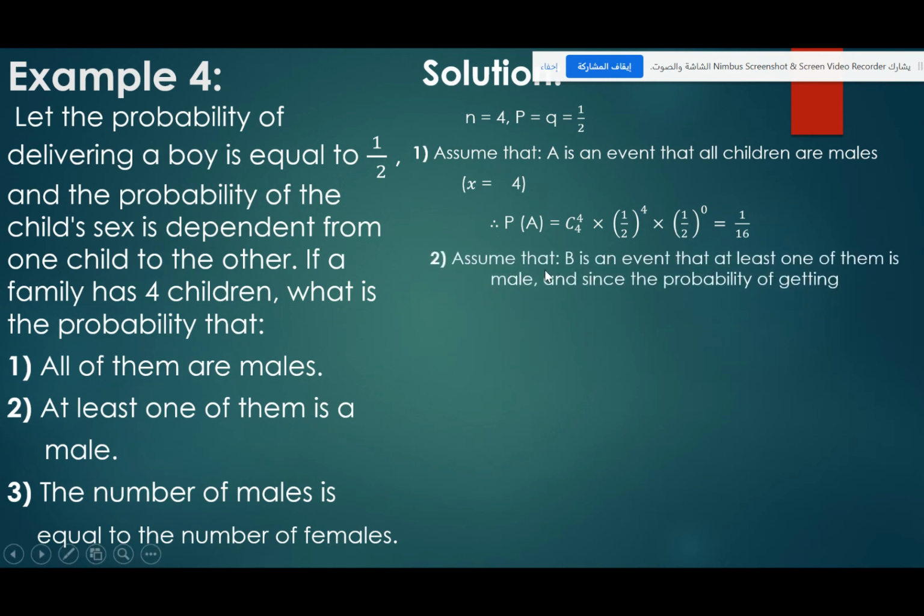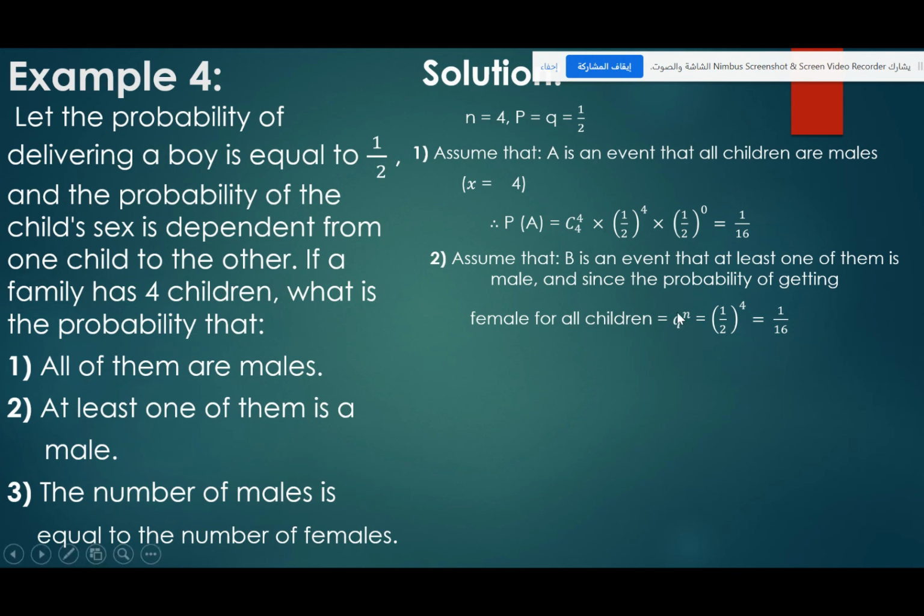And 2, assume that B is an event that at least one of them is male. And since the probability of getting female for all children is q to the power of n, this is how to say that we are going to get at least one of them male, so you have to make it 1 minus q to the power of n.